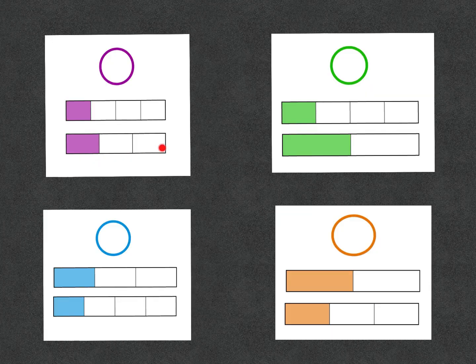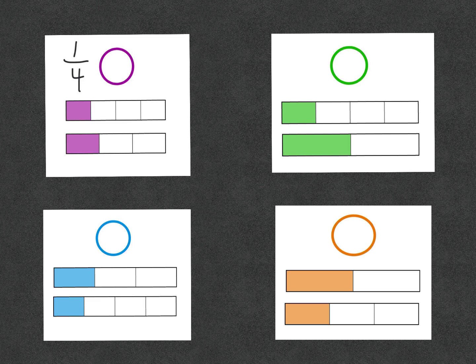Let's first look at our first set of fraction strips, the purple group. In the top bar, we have a whole split into 4 equal parts. 1, 2, 3, 4. And in the second, we have 1, 2, 3. 1 whole split into 3 equal parts. For our first fraction strip, we have 1 part shaded out of 4 equal parts.